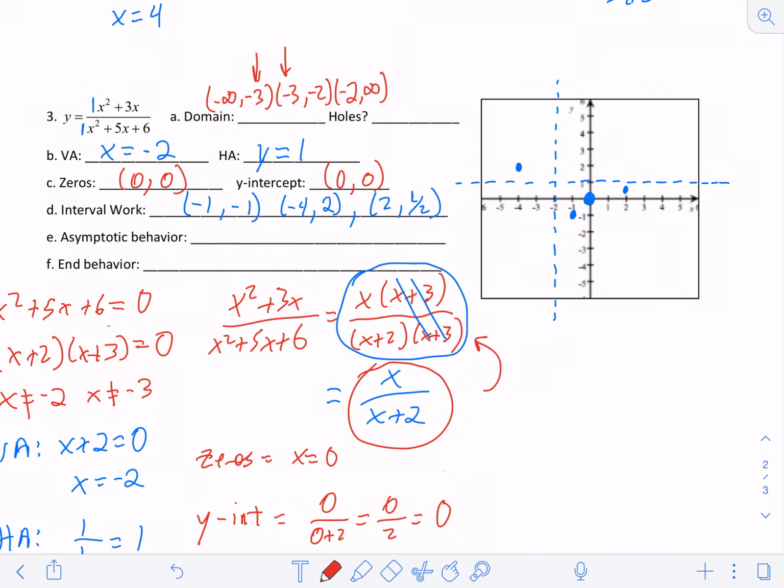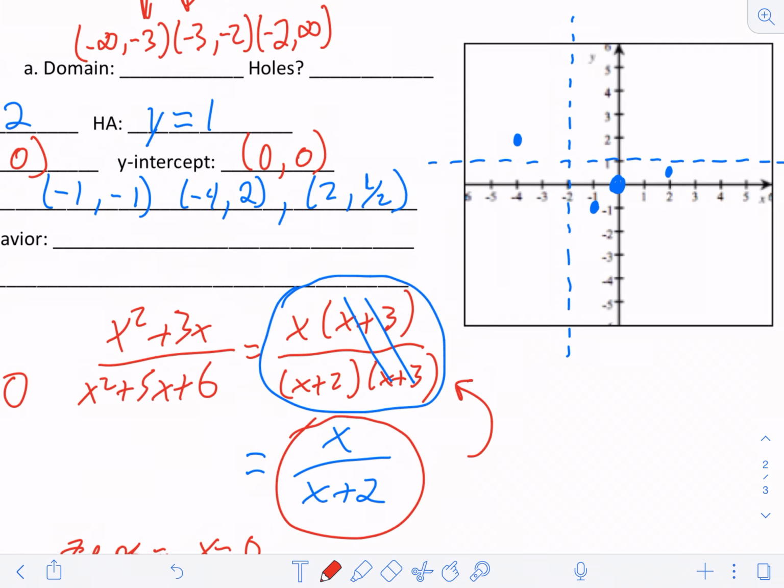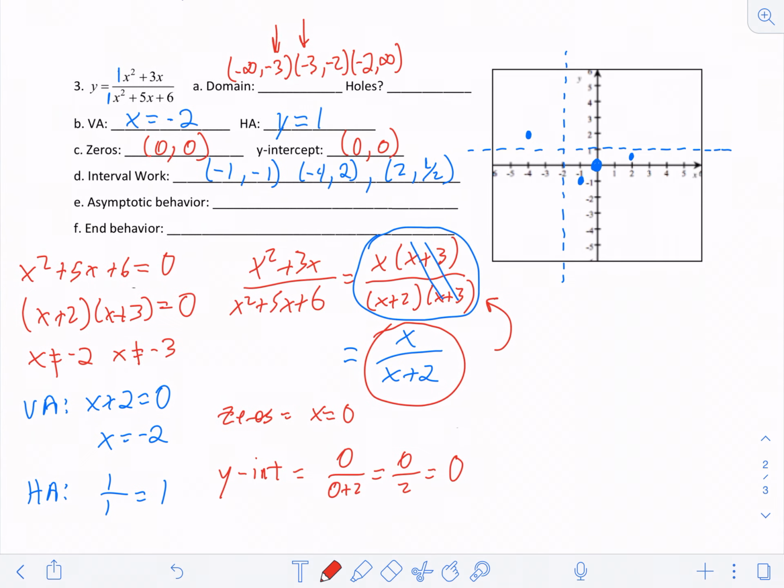So even though I eliminated the x plus 3's, there's still going to be a hole in my graph. So I'm going to plug -3 into my new function, and I'm going to get -3 over -3 plus 2, which is -3 over -1, which is going to be 3.